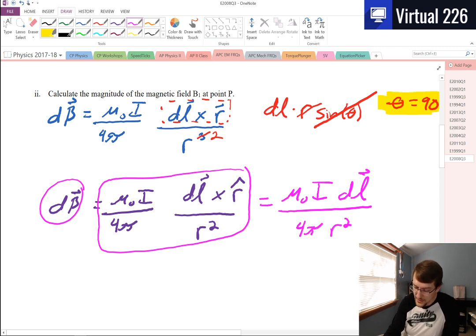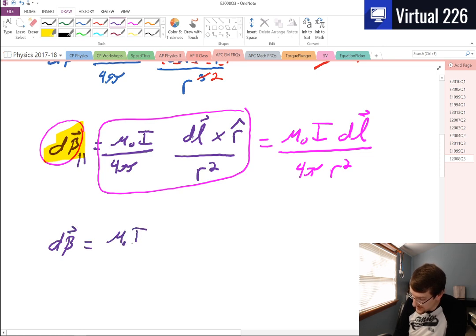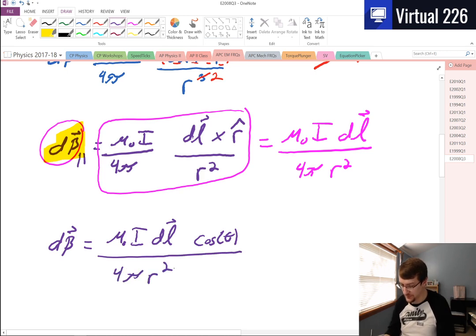Well, we don't want dB. What we wanted was dB and then the parallel or the cosine component of it. So the dB we really want is equal to mu naught I dl times the cosine of theta over 4 pi r squared.